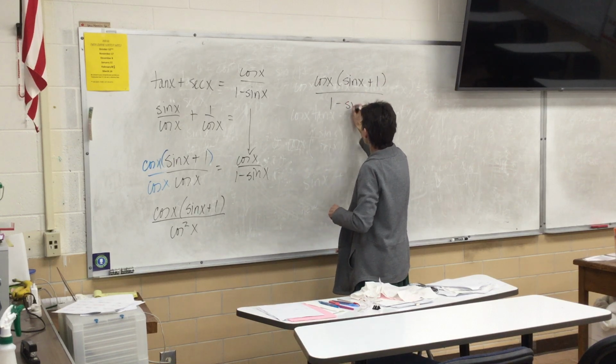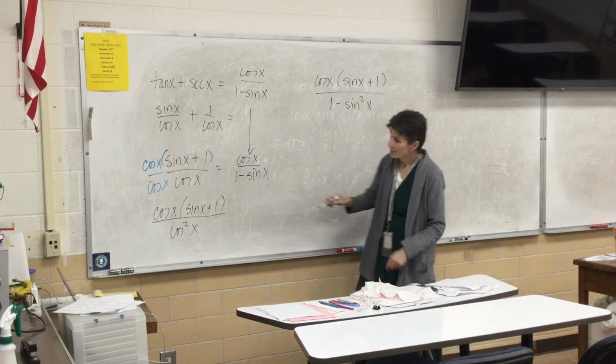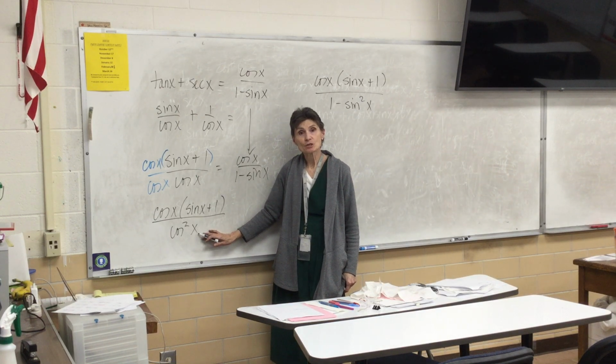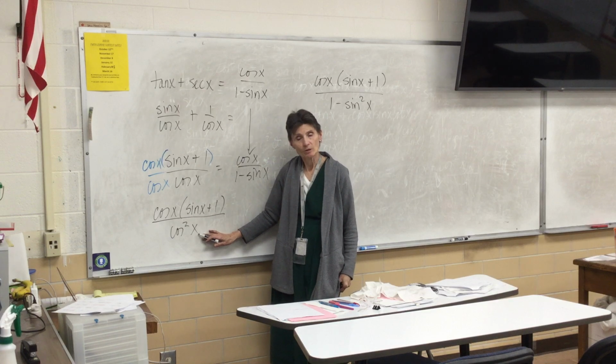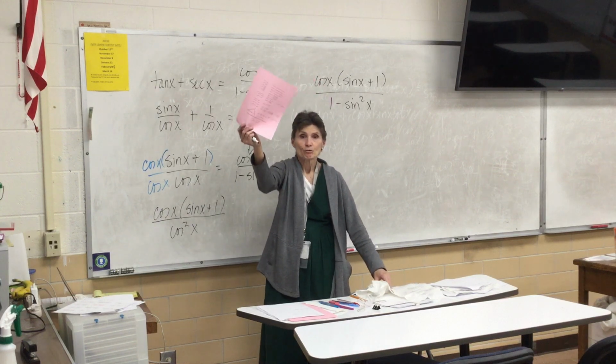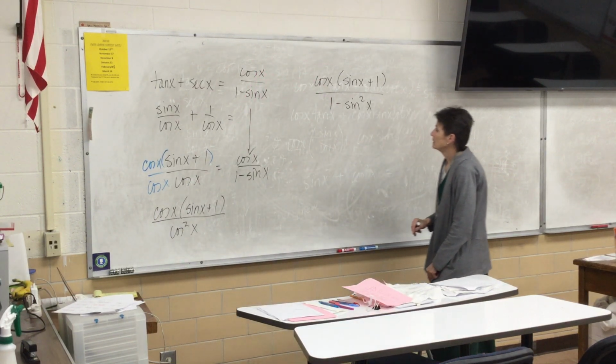Cosine squared is 1 minus sine squared. So I'm changing that denominator into 1 minus sine squared because that's what cosine squared is, according to the Trig Bible.